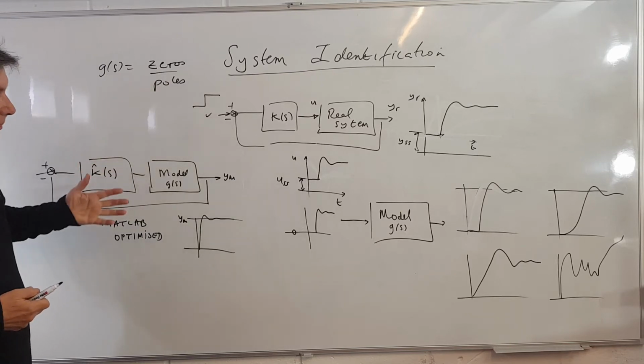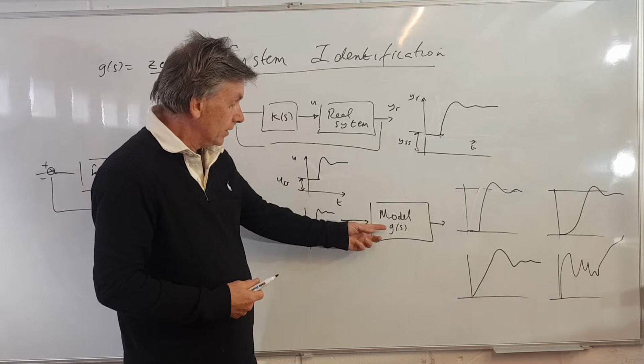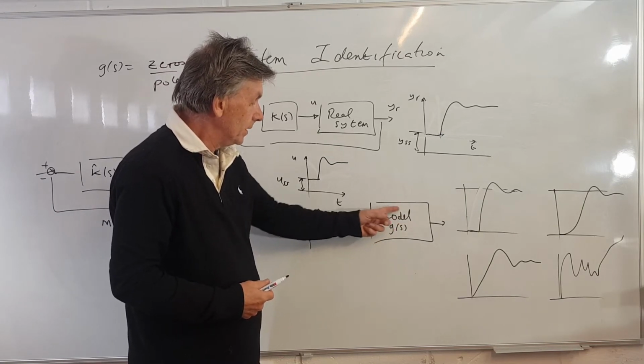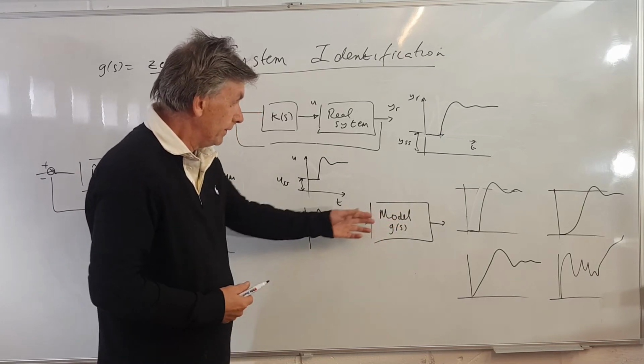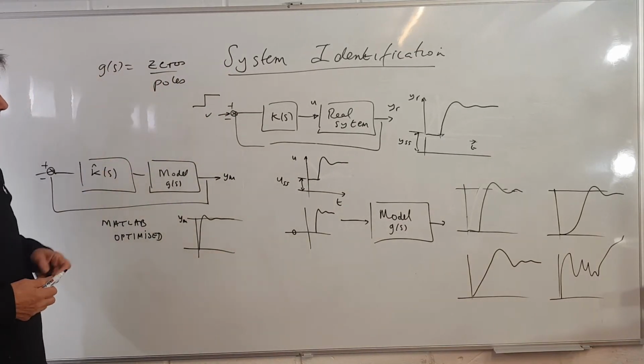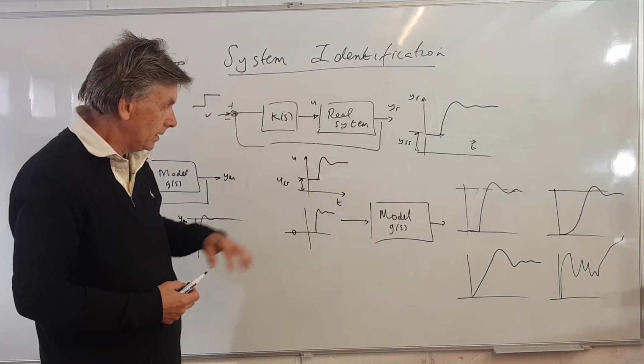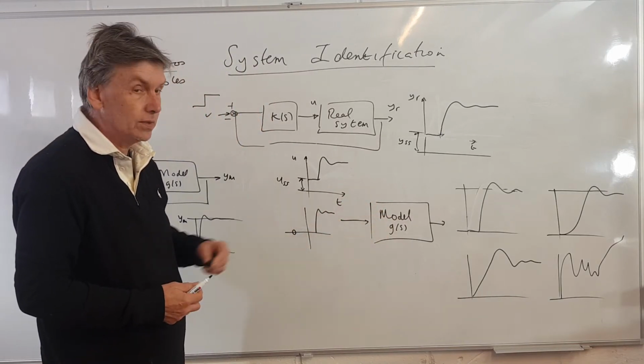In simple systems, say first, second or third order systems with no zeros, you could choose that. But if the system has some zeros in, or it's higher order, then it's quite tricky to choose the numbers at a human level.